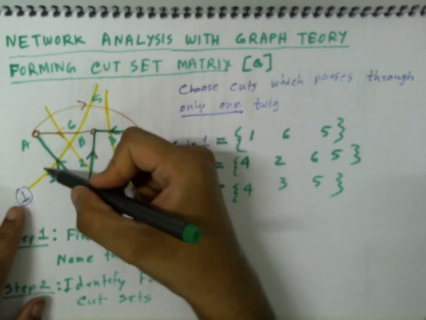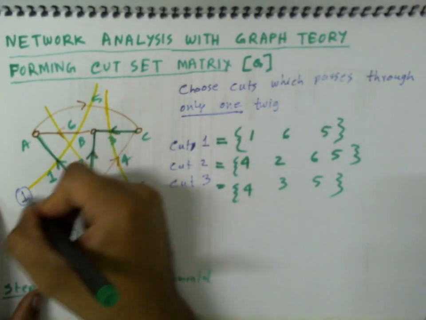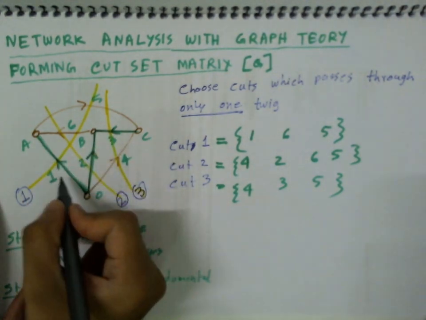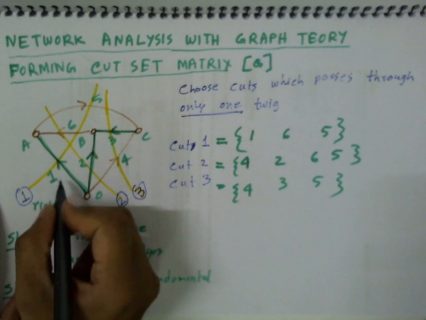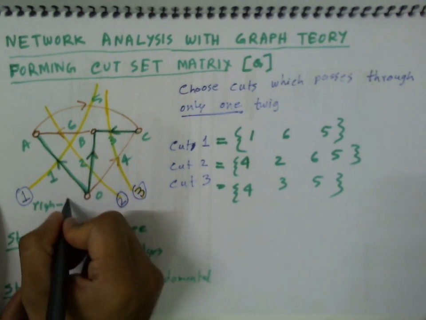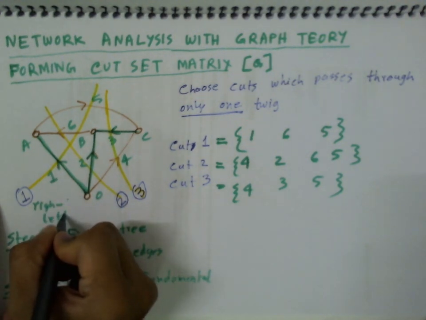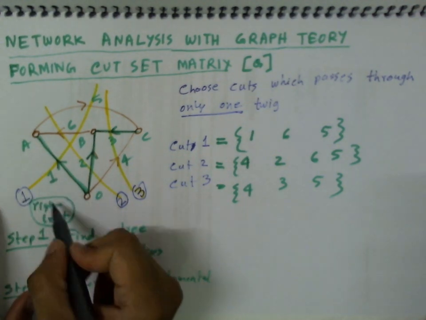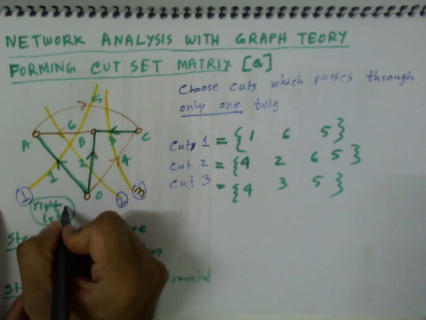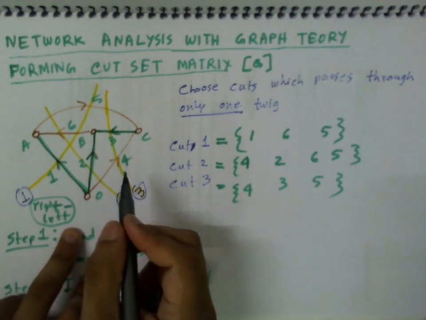So the direction of cut 1 is right to left. So I write this beside cut number 1, which is from right to left.